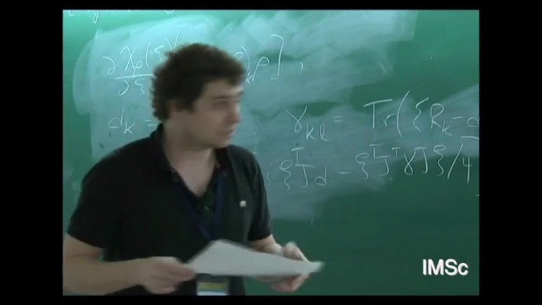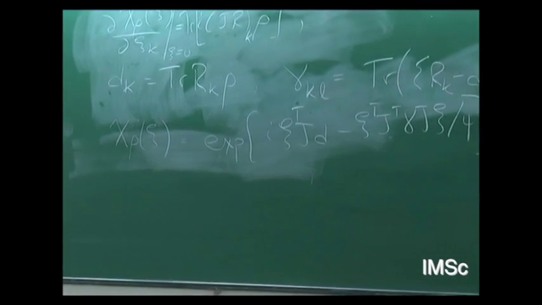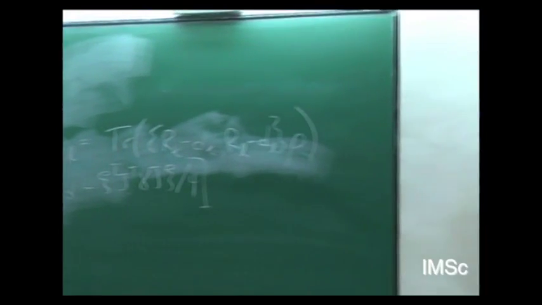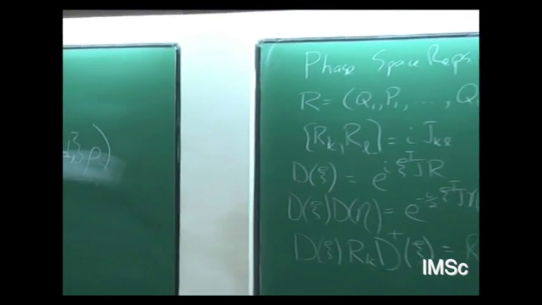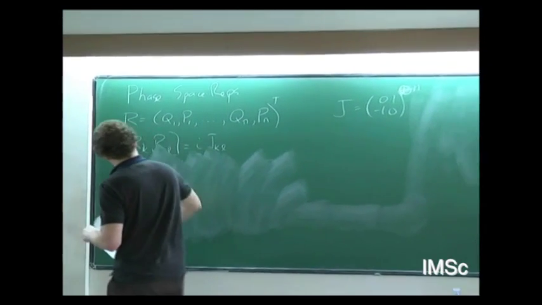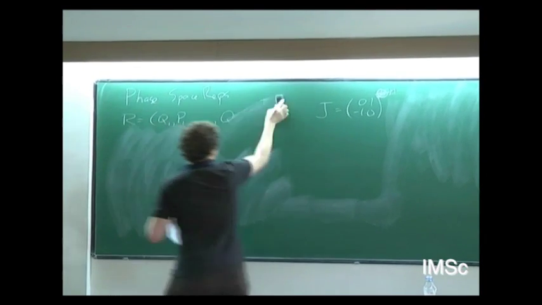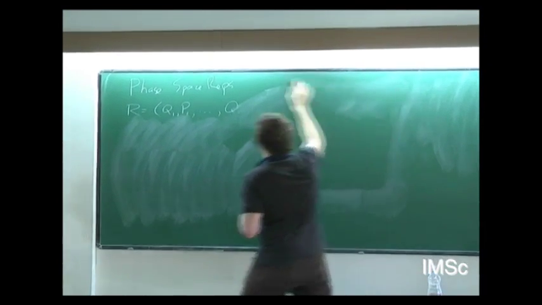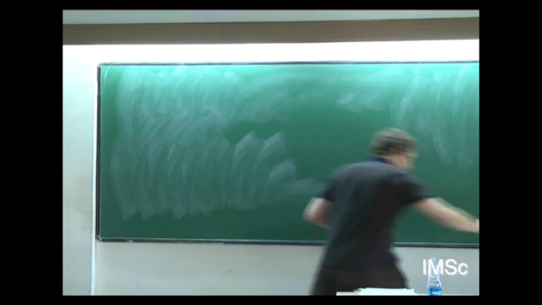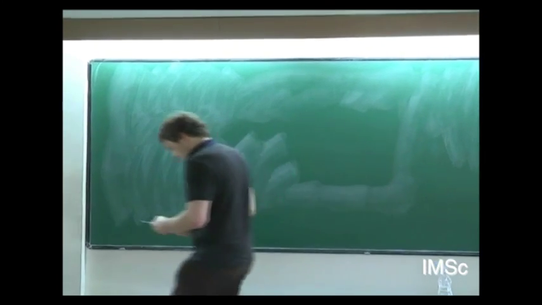And now I want to just talk about a couple of states that are Gaussian. Okay, so let's look at some examples.